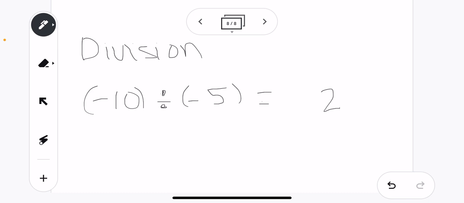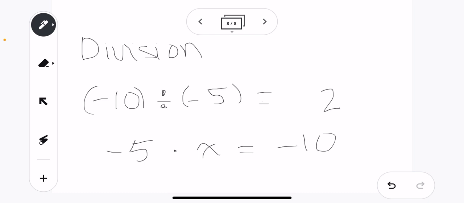Well, let's recall that two negative numbers multiplied result in a positive number. Let's think of it like this: what multiplied by negative 5, that is x, is equal to negative 10?